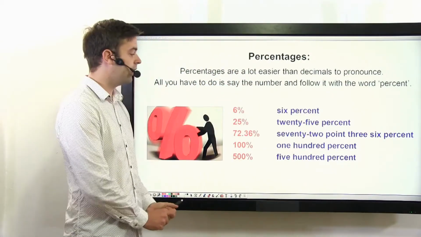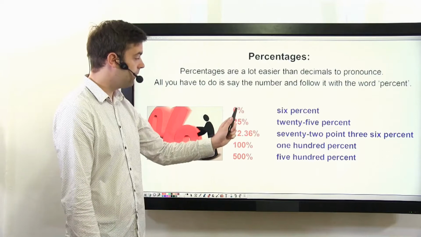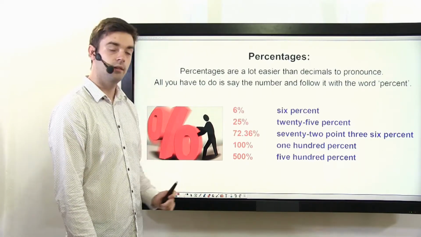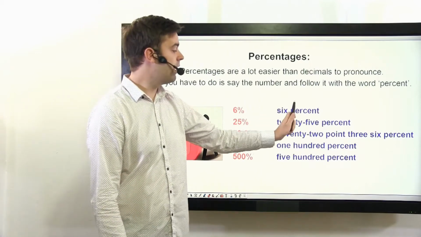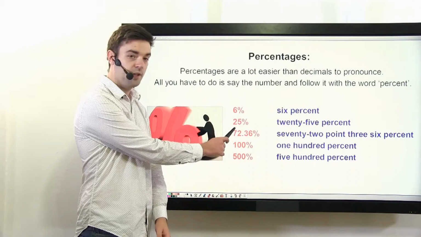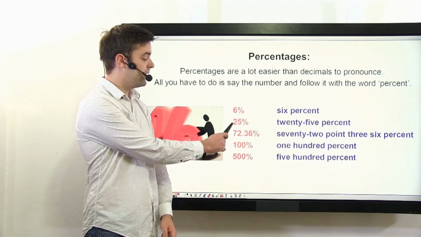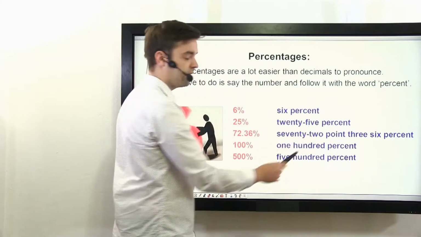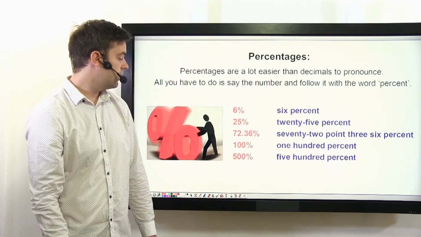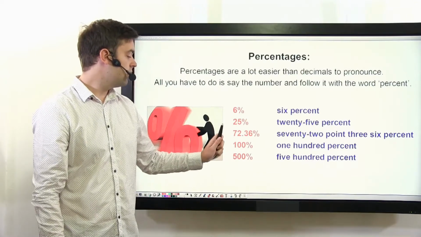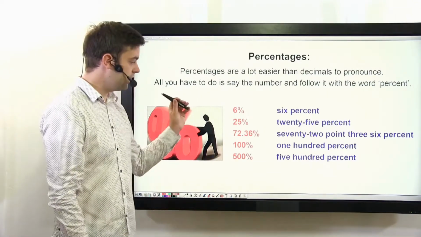So, let's have a look. Here we have 6%. Number 25. So 25%. Here, bit harder. Remember the rules from decimal point.